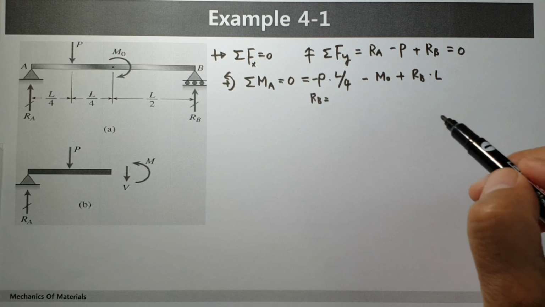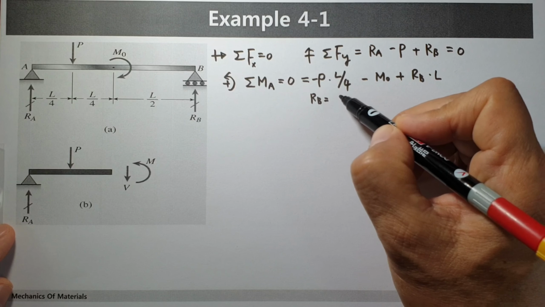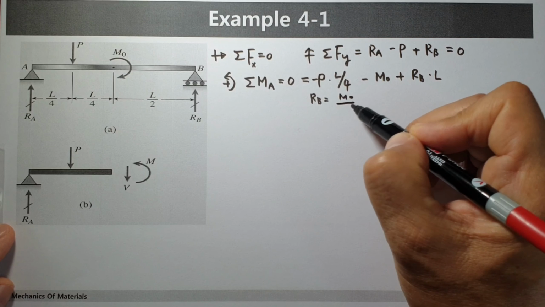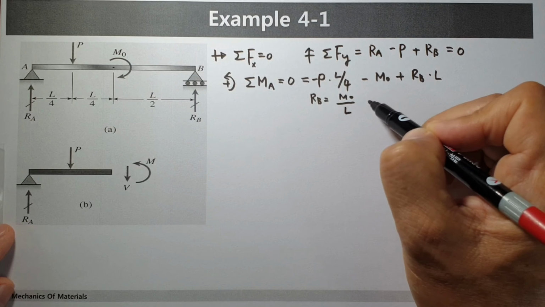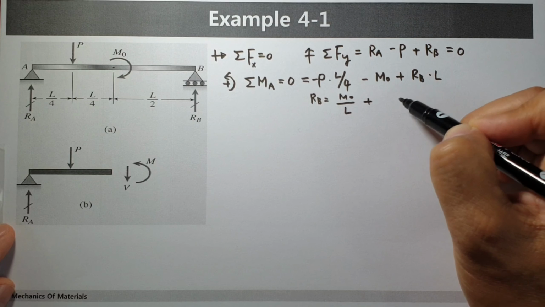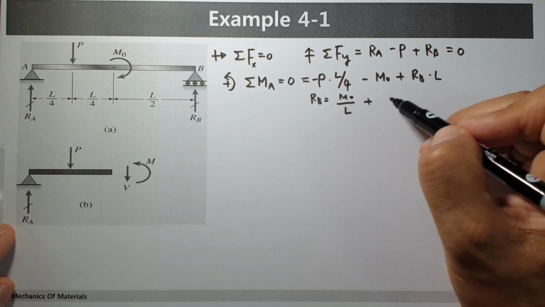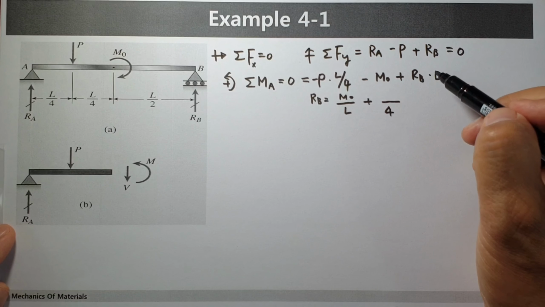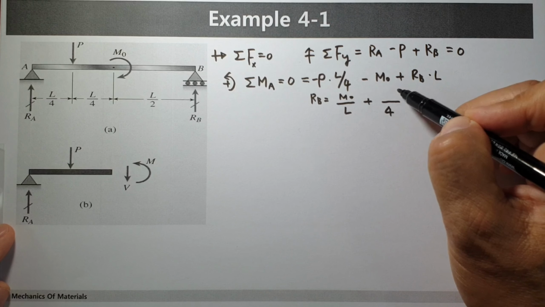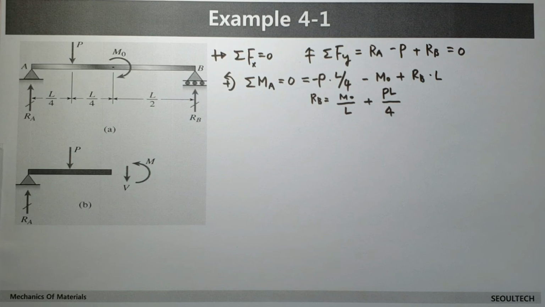Then we can calculate RB equals MO divided by L, plus L is deleted, and PL over 4. This one is RB.